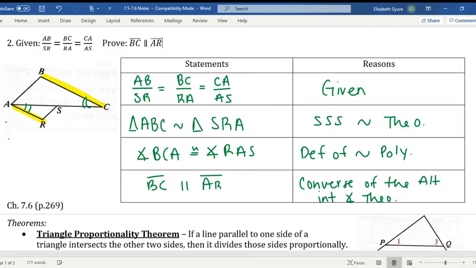And again, an explanation is always appropriate as well. You can say, if alternate interior angles are congruent, then the lines are parallel. And that's pretty much how those proofs will go.